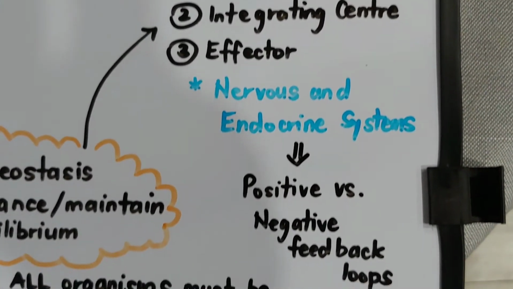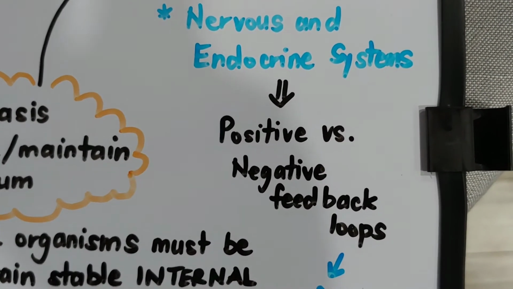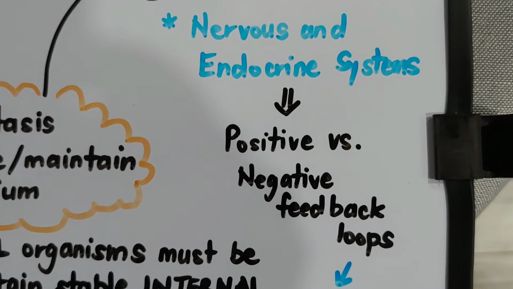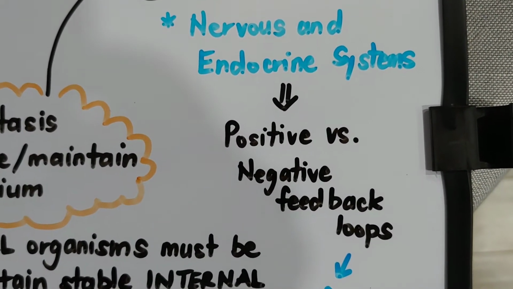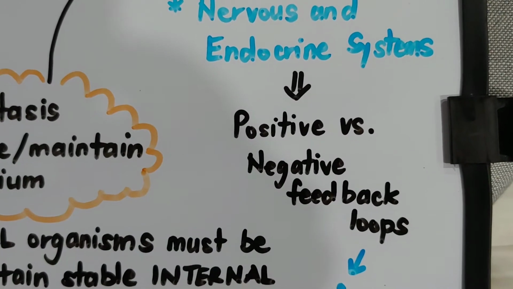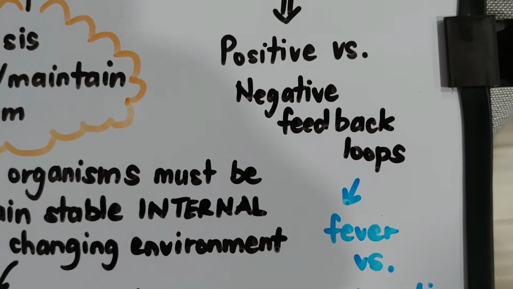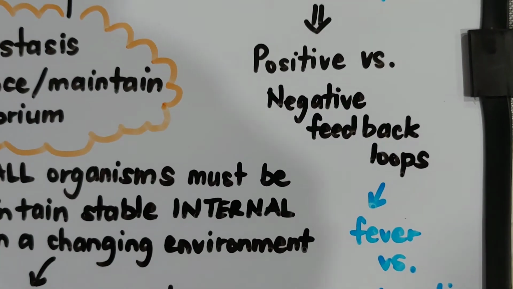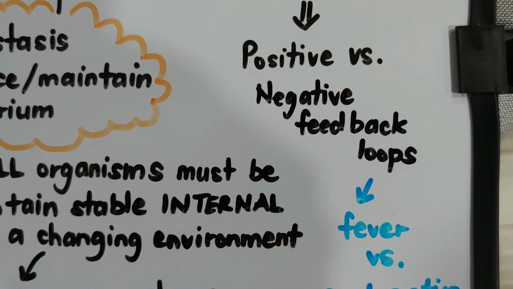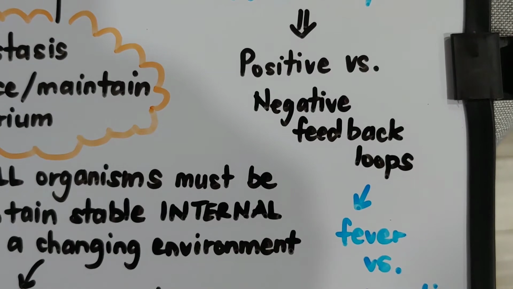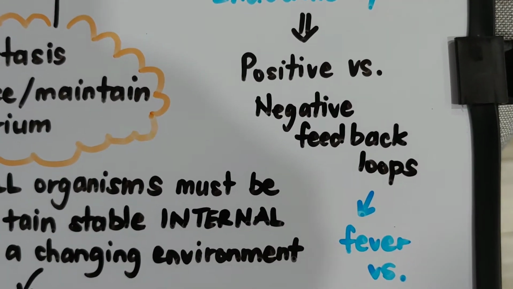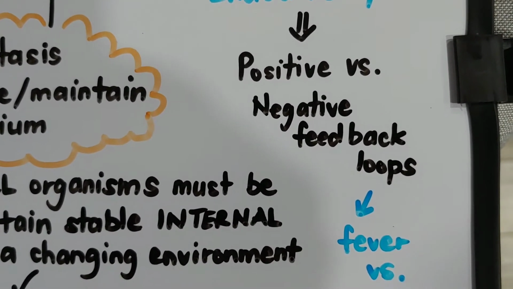As well, with homeostasis, there are certain positive and negative feedback loops. So many of us at different points in our lives have experienced fevers, right? There's a lot of talk about fever right now as being one of those symptoms of the coronavirus. So a fever is an example of a negative feedback loop, right?